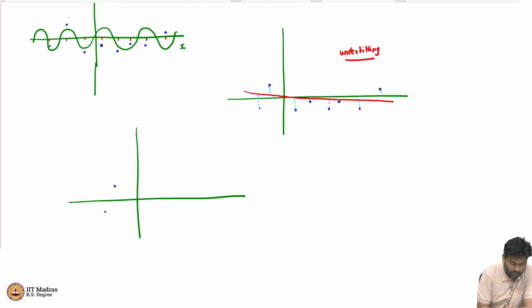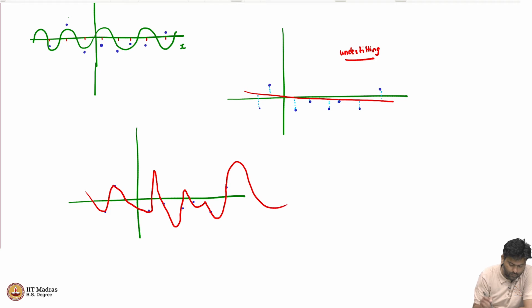I keep saying classifier, but what I mean is that in this example it is a regression problem. So now I can fit a very complicated polynomial for this, let us say a 6th, 7th, 8th degree polynomial or something like that, which might fit my data like this, right.